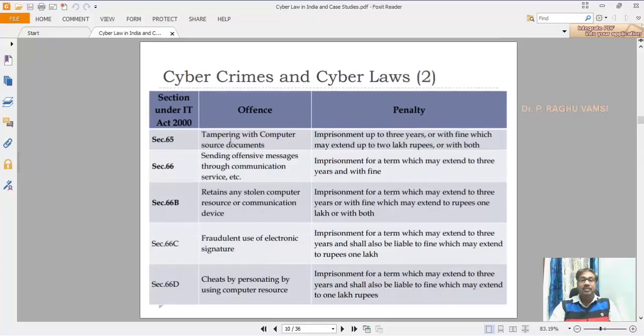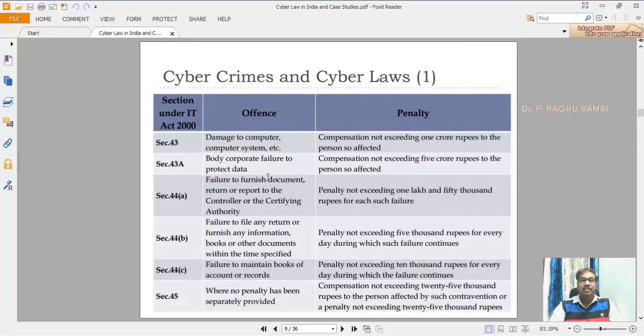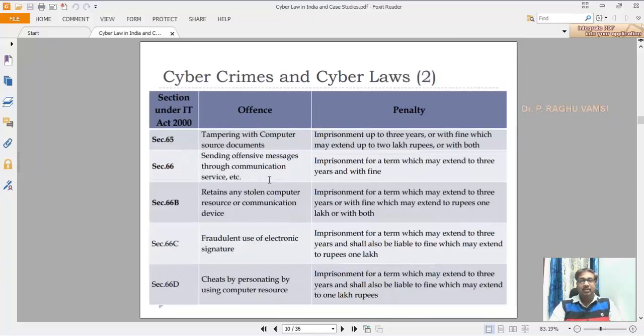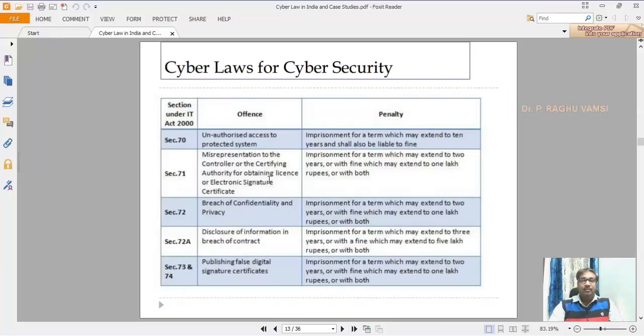So this one is tampering with computer source documents, damage to the computer. All these things can be booked under this particular activity. That means sometimes one offense may lead to multiple offenses, and other different sections may be booked under this particular offense.